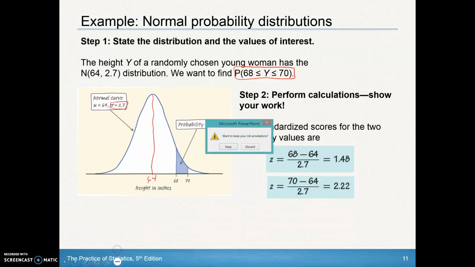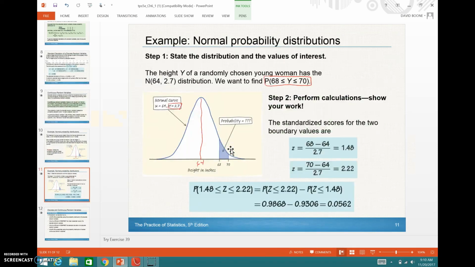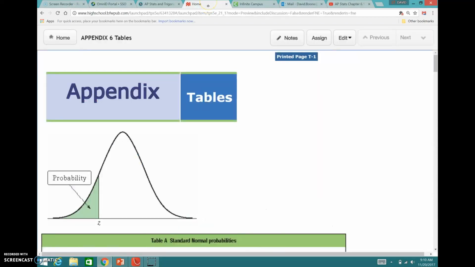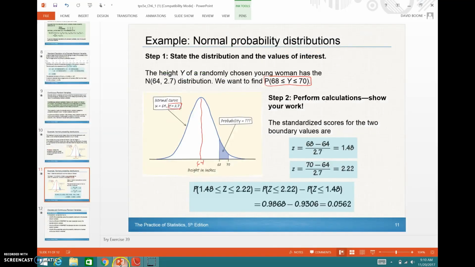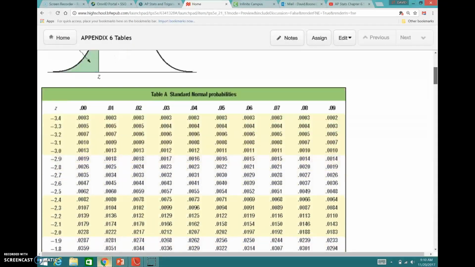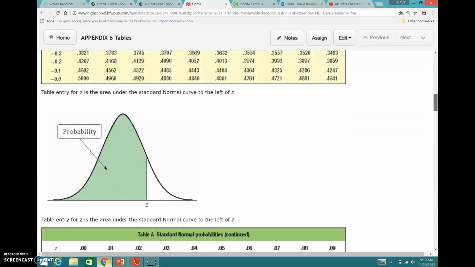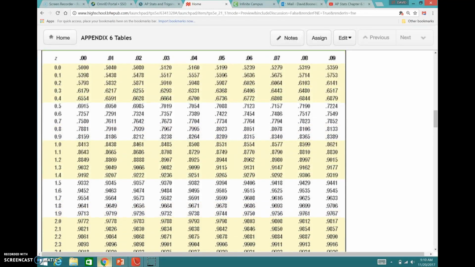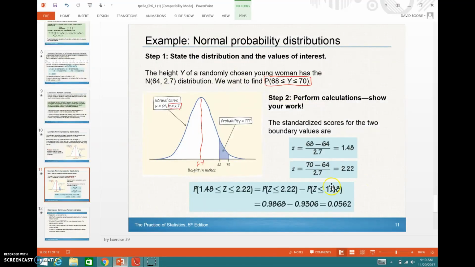So what we'll do is we'll look up these values on the z-charts. And again, we were looking up the scores of 1.48 and 2.22. So 1.48, I'm going to scroll down to our table. 1.48 is 0.9306, and you can see that right here.